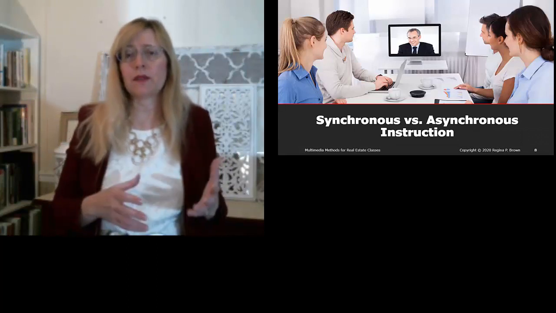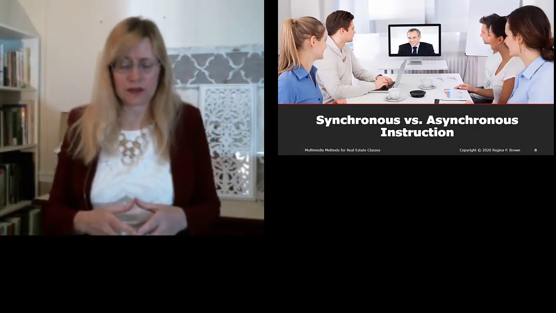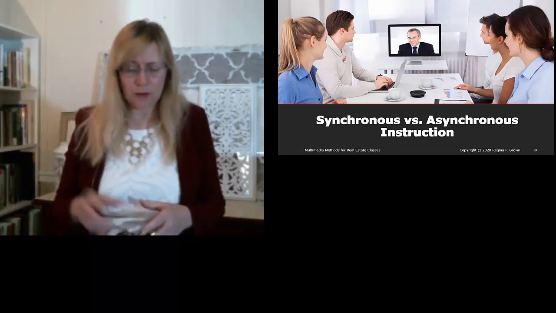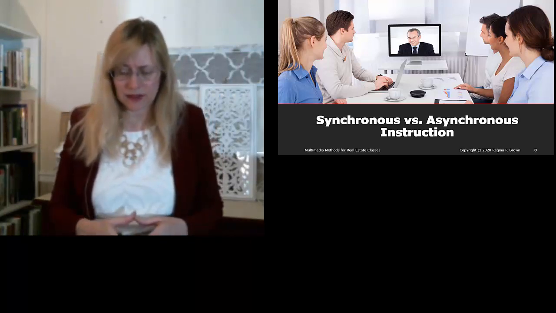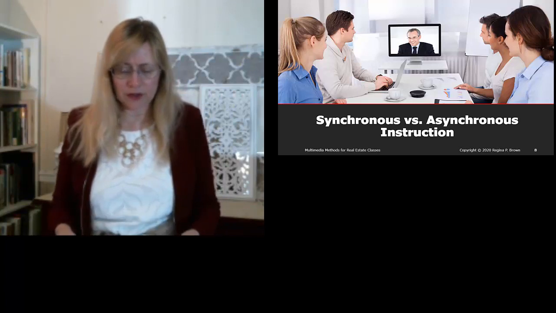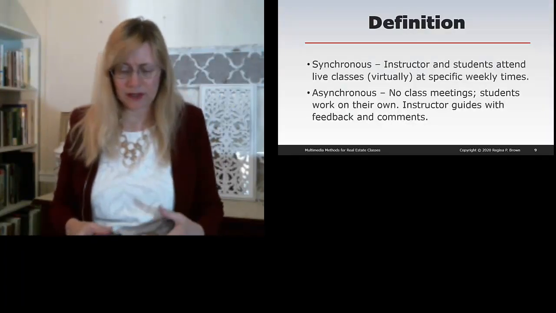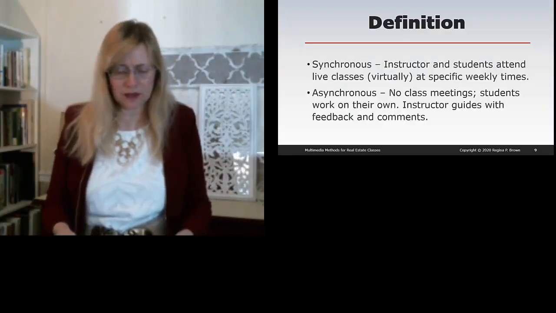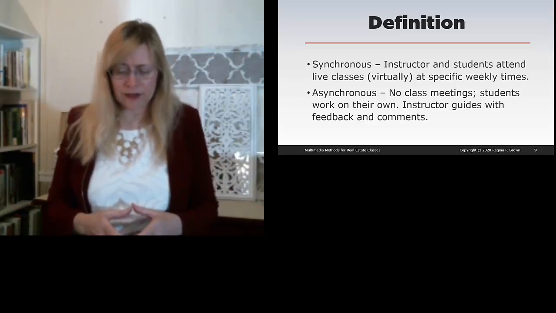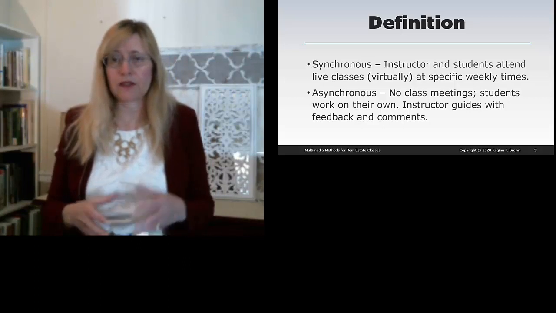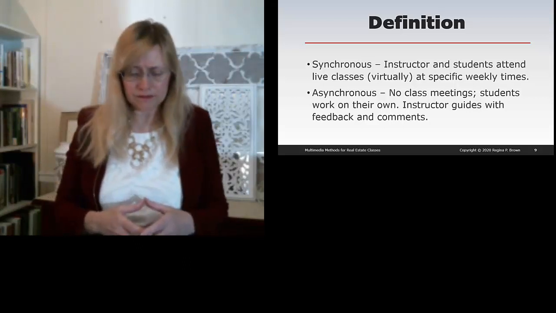Now let's talk about synchronous versus asynchronous courses. The 2 primary types of online courses are synchronous and asynchronous. In both types of courses, the instructor guides students by posting announcements, commenting in discussion posts, and giving feedback when grading. The difference is a simultaneous live interaction or the lack thereof.